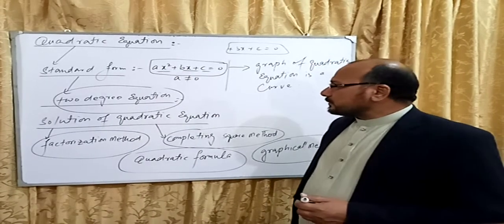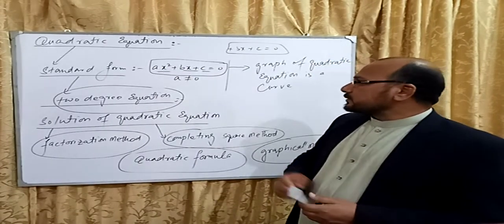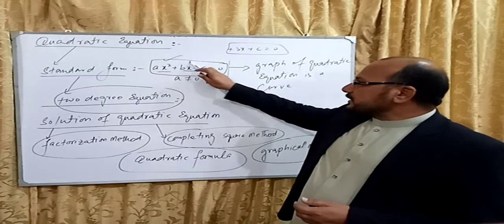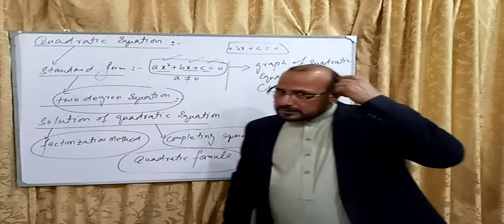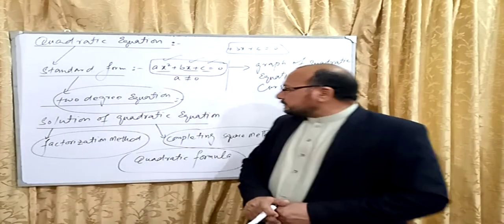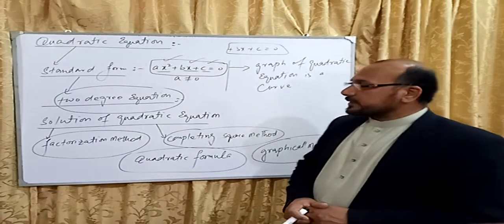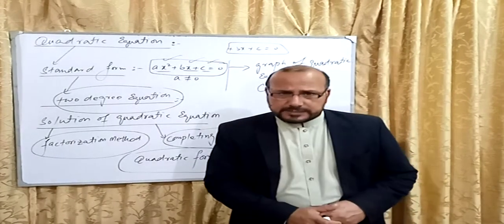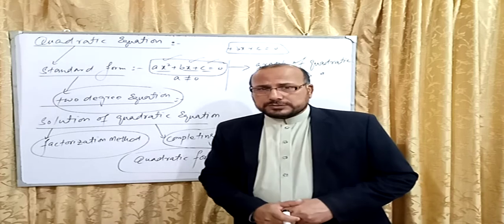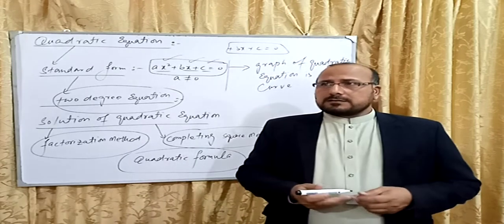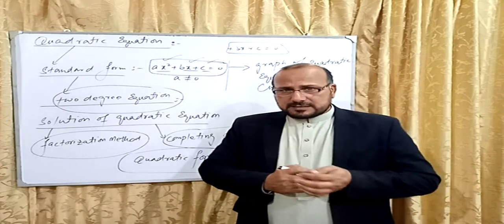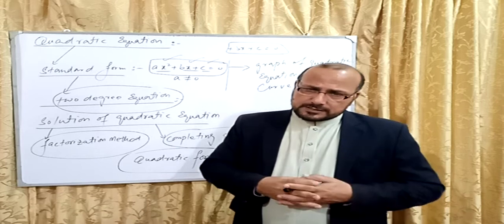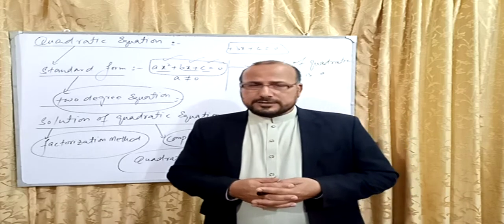So the standard form of the quadratic equation is this one, that is ax squared plus bx plus c equal to 0. And we can solve the quadratic equation whenever we are talking about the equation. Equation needs a solution. The equation may be quadratic, linear, geometric, or trigonometric.